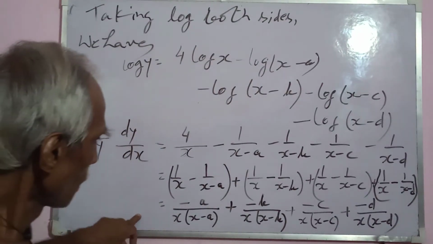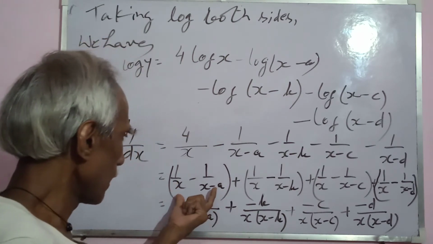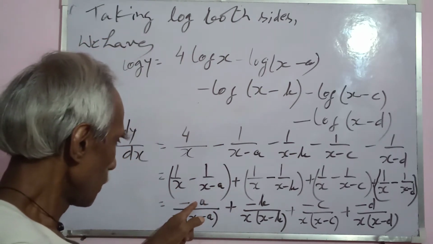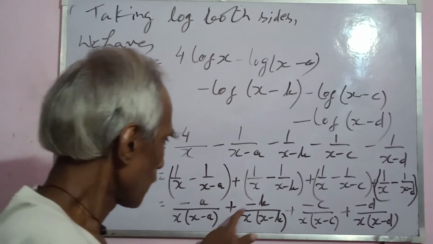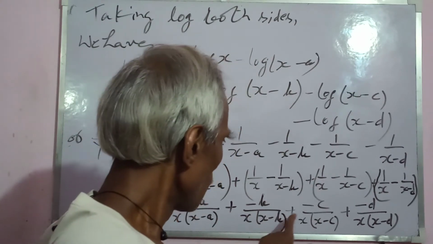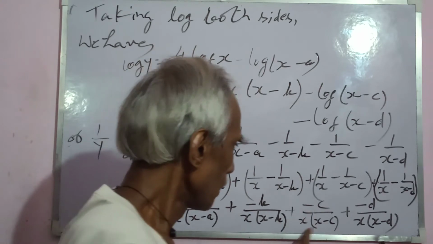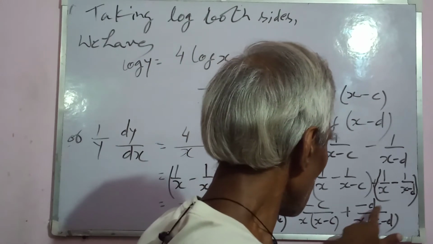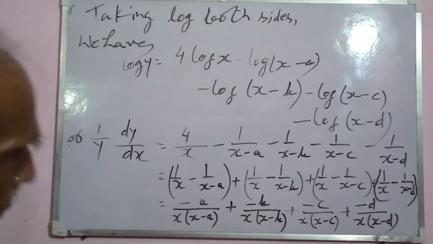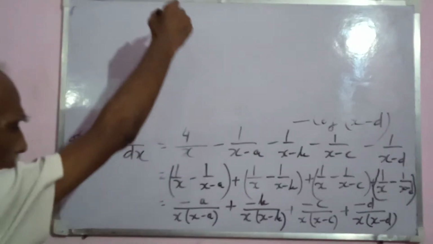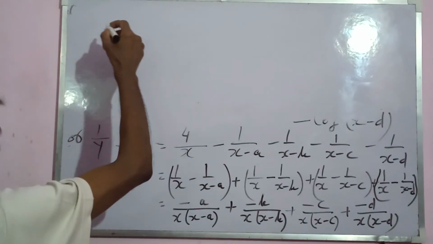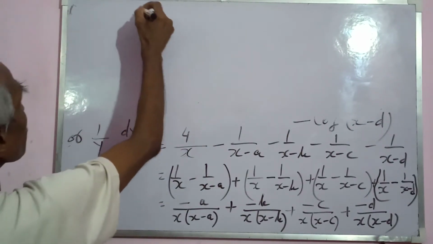Now, by taking LCM and solving, we will get minus a by x into (x minus a), plus minus b by x into (x minus b), plus minus c by x into (x minus c), plus minus d by x into (x minus d). Now take 1 by x common.